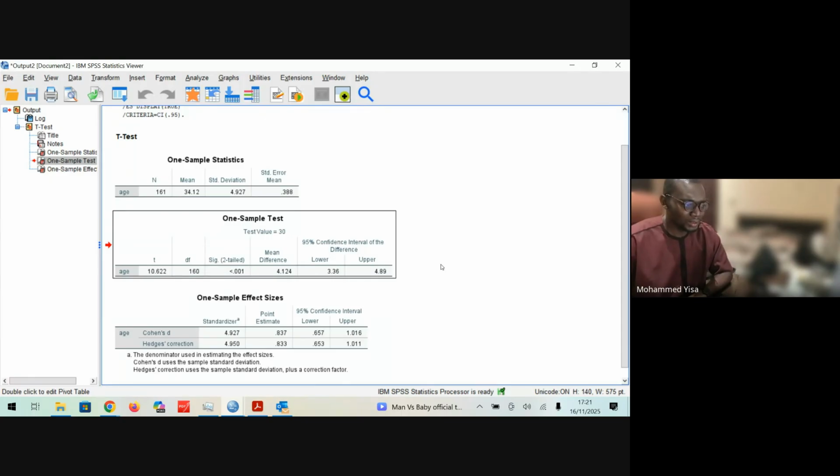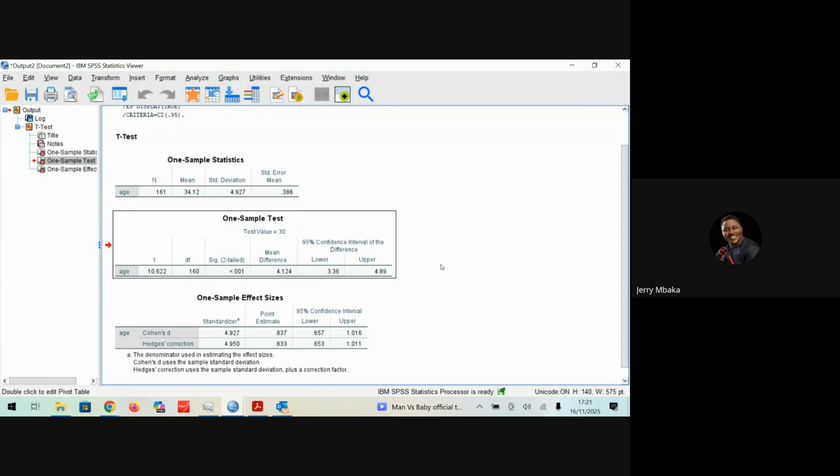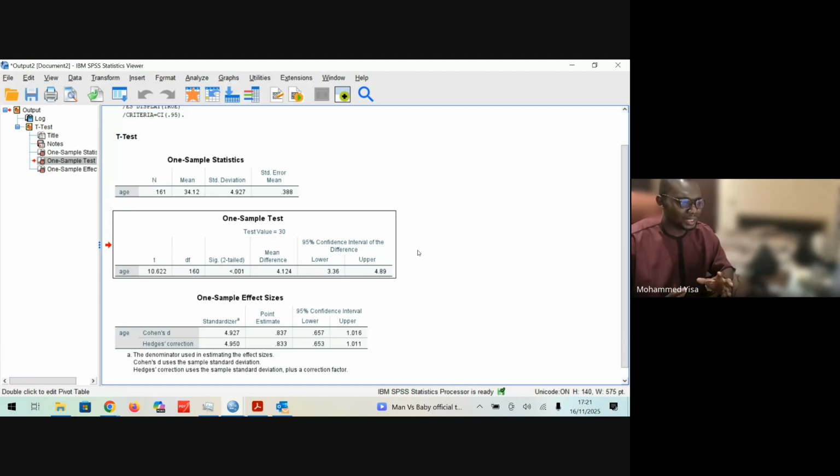Does that make sense? Yes, it makes sense. Your hypothesis is just testing for a difference. It's not testing whether one is bigger than the other in any direction. So your null hypothesis is not saying that the resident doctors' mean is greater than 30, neither is it saying that it is less than 30. Therefore, it can go in either direction, and that's why it's two-tailed.